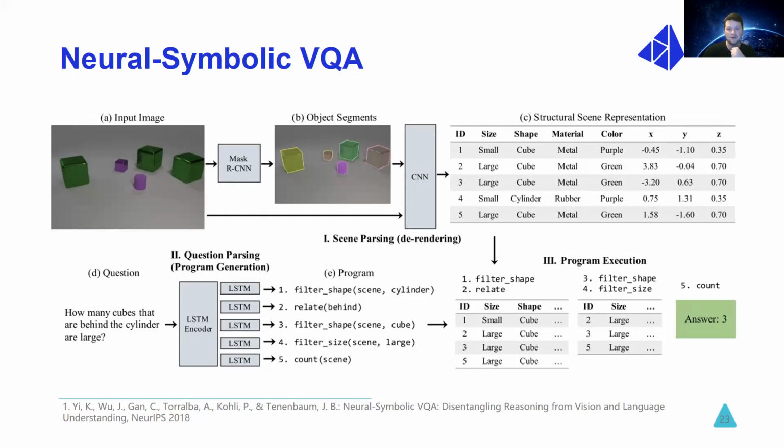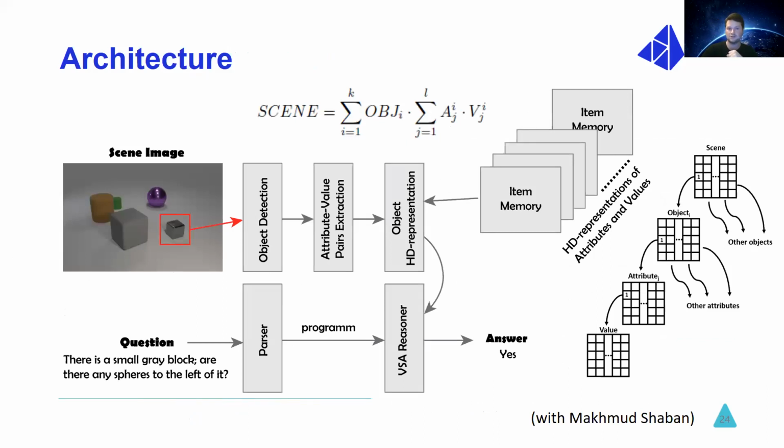And we end up with our architecture. There we represent the scene as an HD vector, and apply programs that work with HD vectors to our scene and extract the answer from this representation. Also, we made several modifications to the original architecture they used.